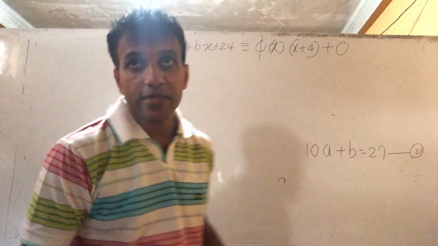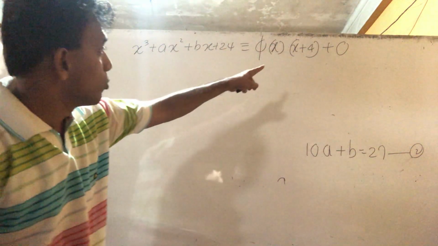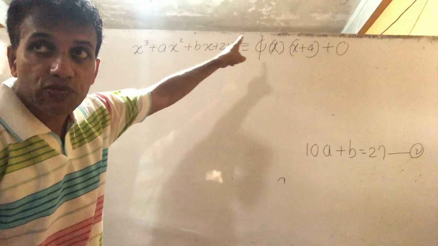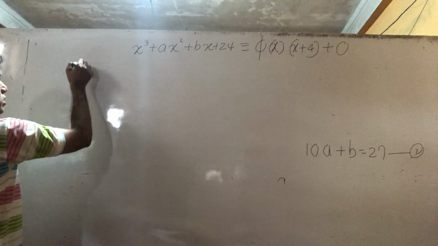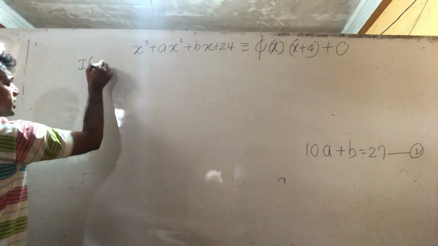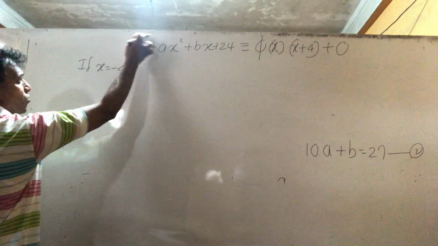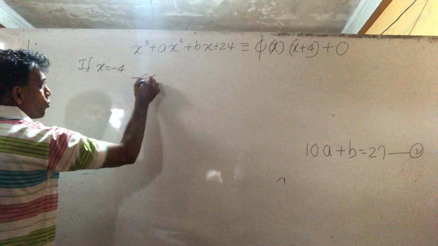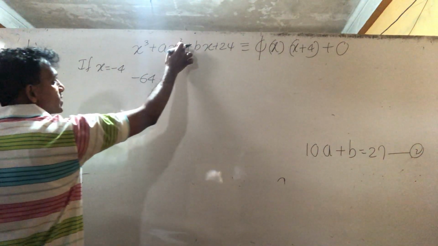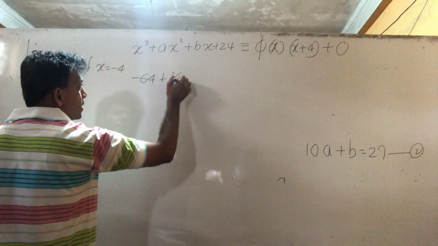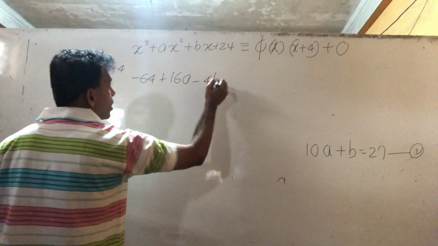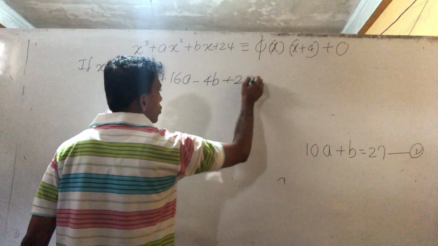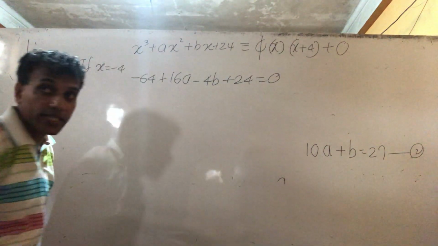So first we make this equation. Put x for minus 4, it becomes one equation. If x equals minus 4, what is that? Minus 64. Here 16a minus 4b plus 24 is 0.